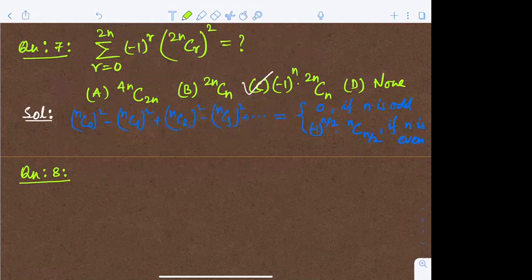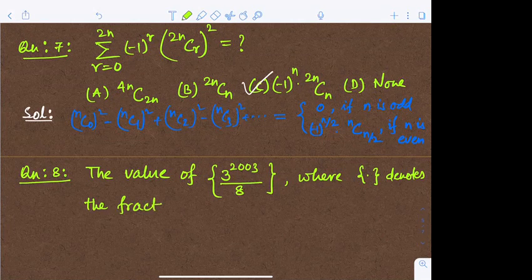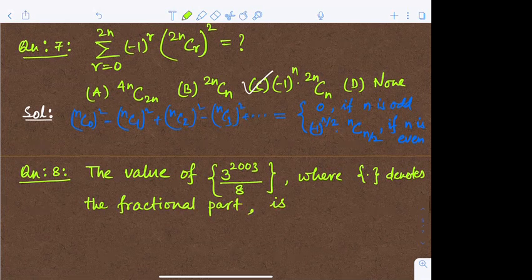Okay, next question. The value of 3 to the power 2003 divided by 8 fractional part, where this denotes the fractional part function, is the value of this is what?